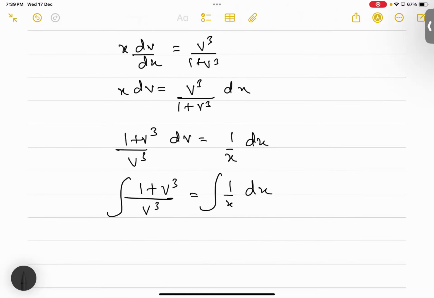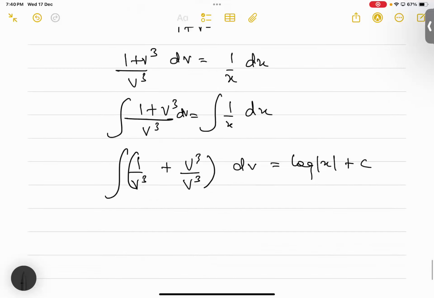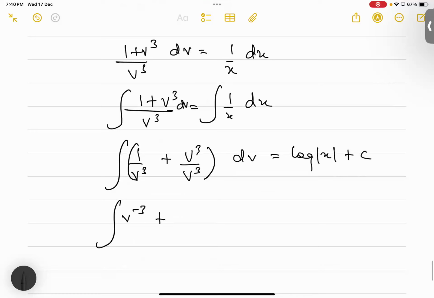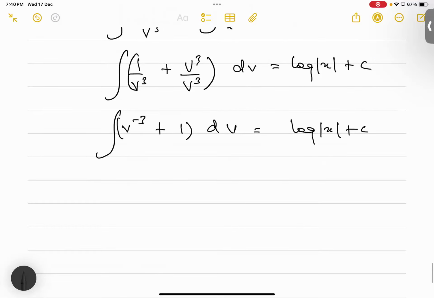Now what to do over here? Will you tell me? Split and solve. Left hand side: 1 upon v cube upon v cube dv, is log mod x plus c. Clear? Just stop writing, please. v raised to minus 2 upon minus 2.